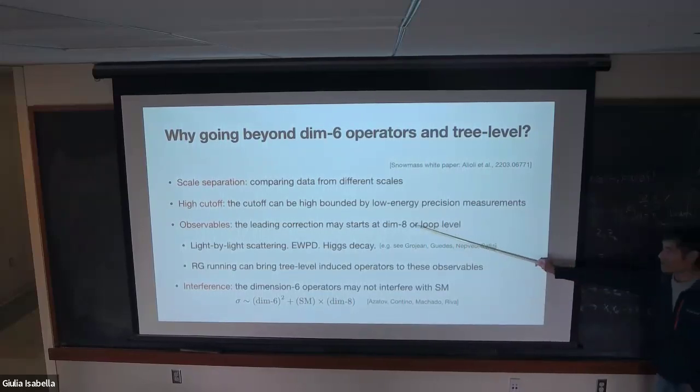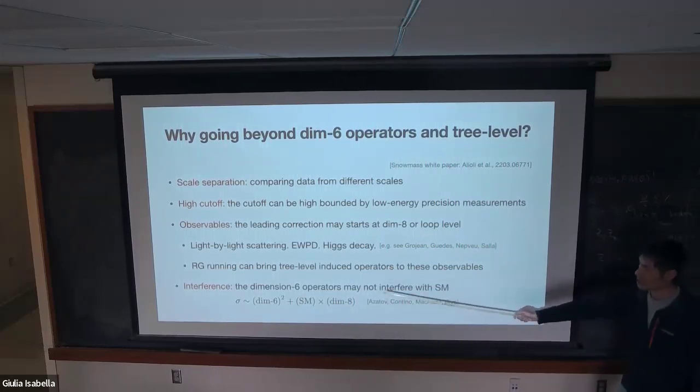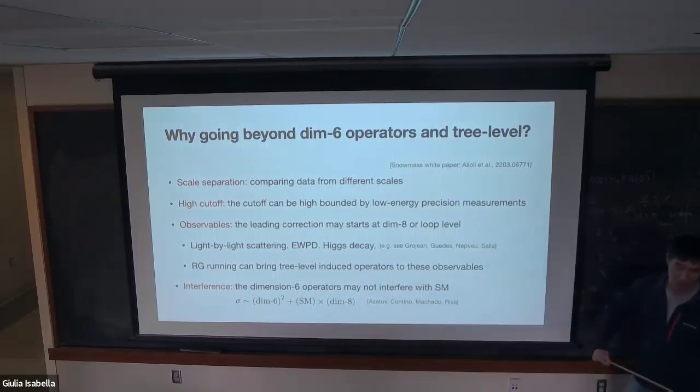And the second type of scenario where we're interested in dimension 8 RG running is that for certain observables, the leading effects start with dimension 8. So for instance, light-by-light scattering, this corresponds to the F to the fourth operator, whose leading effect is at dimension 8 level.